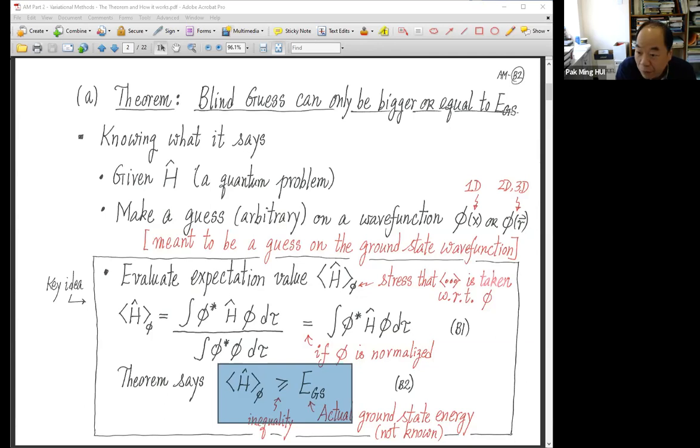I haven't proved it, but at least do you get the content? Meaning, do you get what it says? Okay? Now that's fine. If you get the content, you can apply it, even if you don't know how to prove it. That's the point I tried to convey on Tuesday.